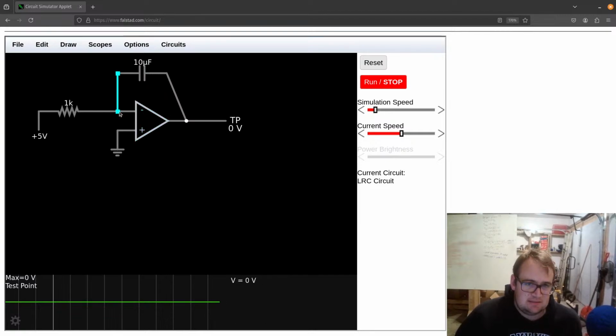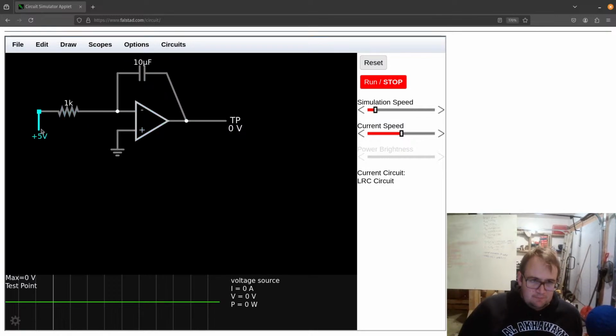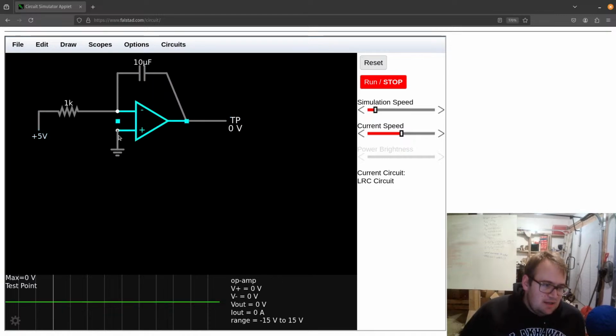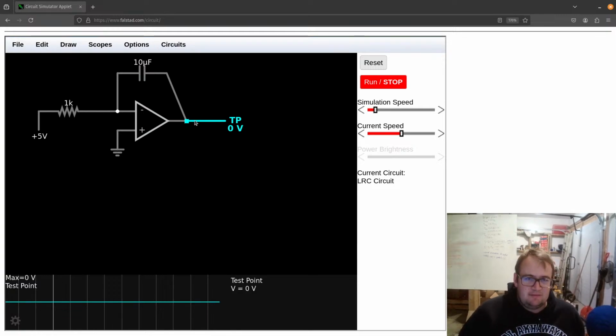And since this is the inverting input, it will start trying to drive this down, but we have no feedback. Because this is just a solid 5 volts, it is going to be driving this down steadily till it hits its bottom.